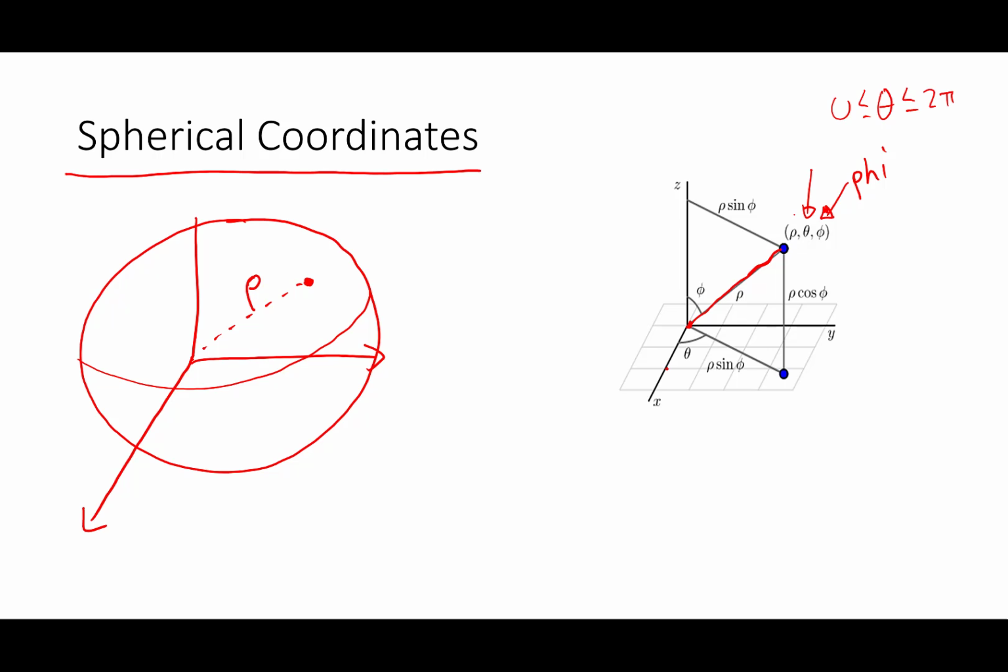So rho is the radius, theta is the same thing it was in polar coordinates, how far you're off of the x-axis, and phi is how far you're off of the z-axis. By the way, I told you to think about theta as being somewhere between 0 and 2 pi. You can think of phi as usually being between 0 and pi.